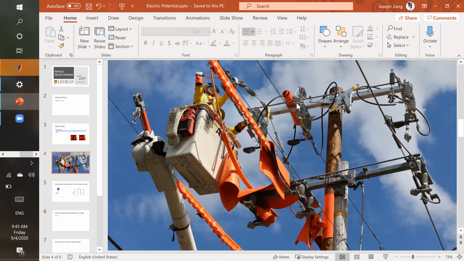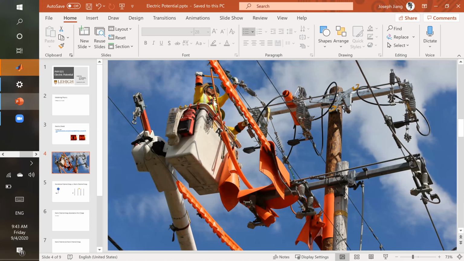And here you see when these guys work outside and the electric cable needs to be fixed, I think the company cannot shut down the electricity because there are many users using the electric cables at the same time, so they cannot turn off the electricity.